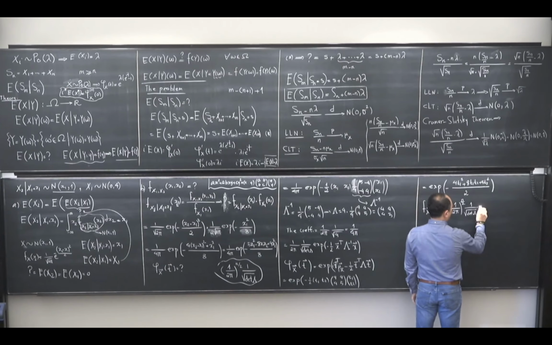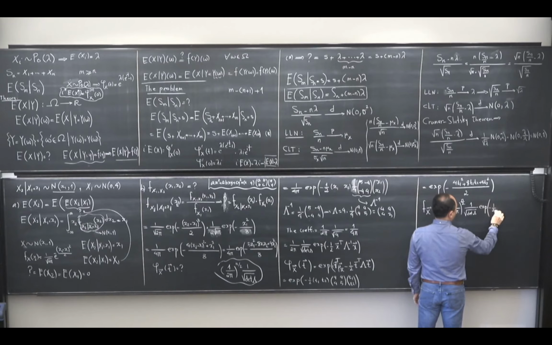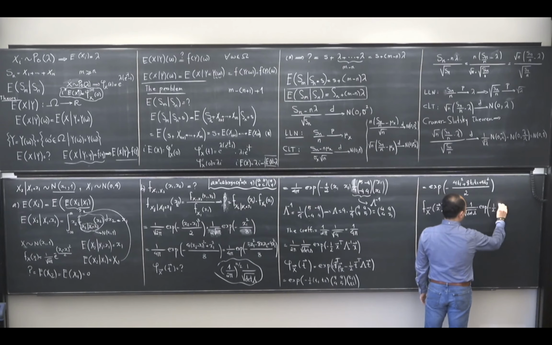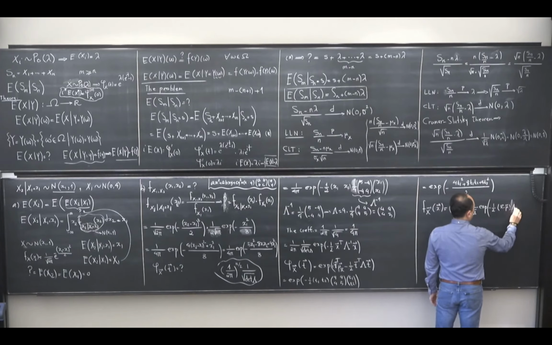And then it is exponential of minus 1 over 2, and then you have vector x minus vector mu multiplied by lambda inverse, and the transpose, of course.